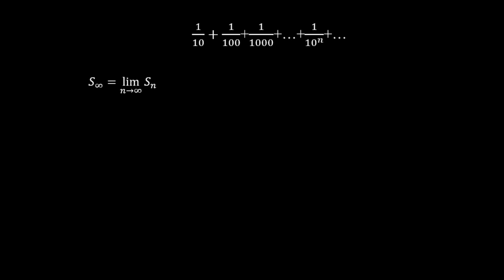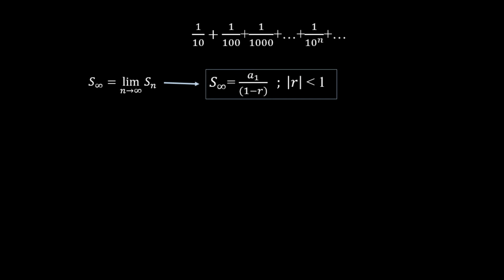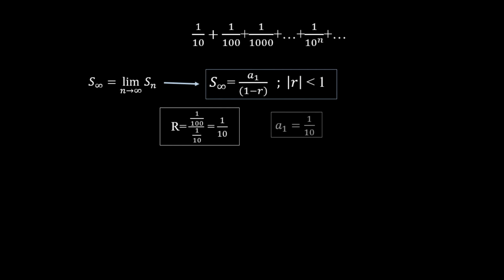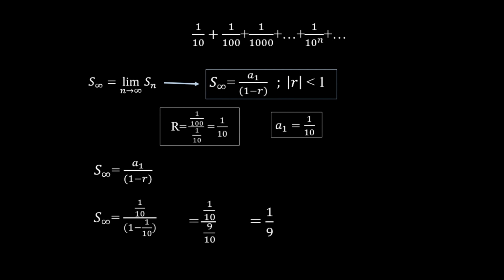The infinite sum equals the first term over 1 minus r. You know that r is 1/10 and the first term is 1/10. Substitute the numbers in and you'll get 1/10 over 9/10, which is equal to 1/9. See, it's the same number, but you have to make sure that this formula only works if absolute r is less than 1.